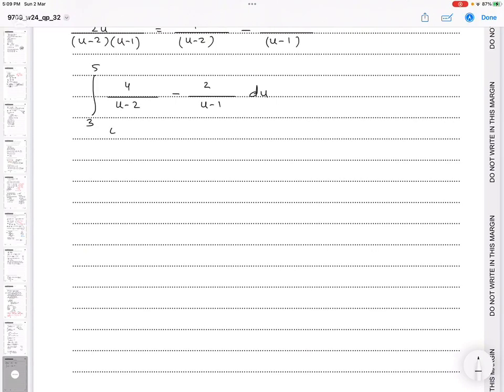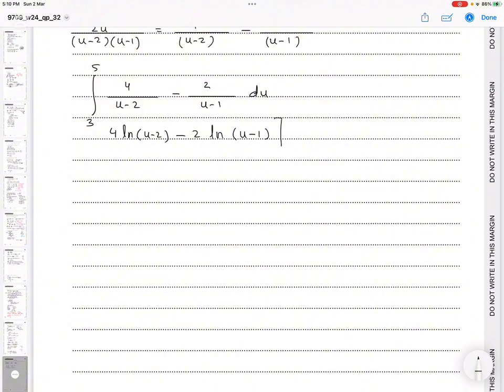4 is our constant value, so the denominator u minus 2 would be dealt like ln of u minus 2, because the differentiation of u is 1 and we have 1 in the numerator if we take out 4 outside. So the integration of 1 over u minus 2 would be ln of u minus 2, minus, take out 2 aside, and the integration of 1 over u minus 1 would be ln of u minus 1.